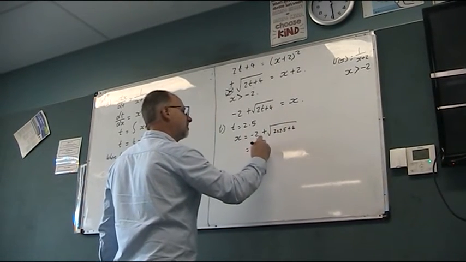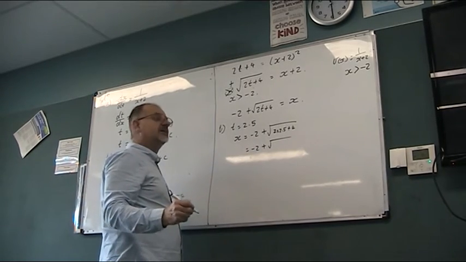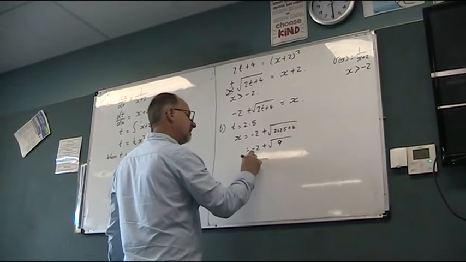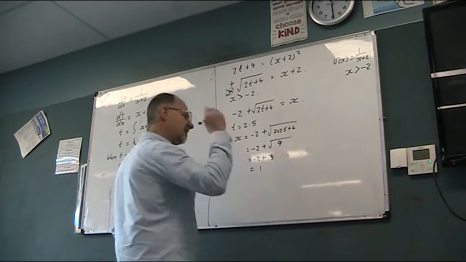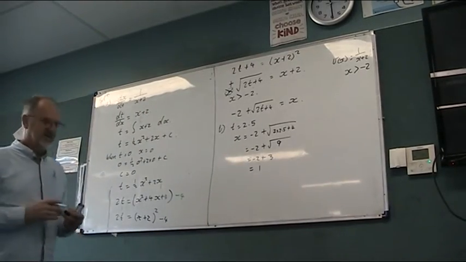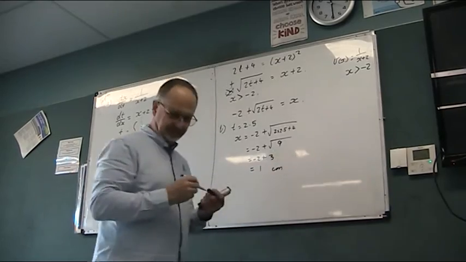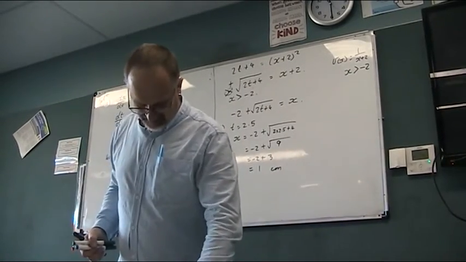Negative 2 plus the square root of 9, yep. Negative 2 plus 3. It's at 1, and it's centimetres, isn't it? Wherever 1 centimetre is, that's where it is.